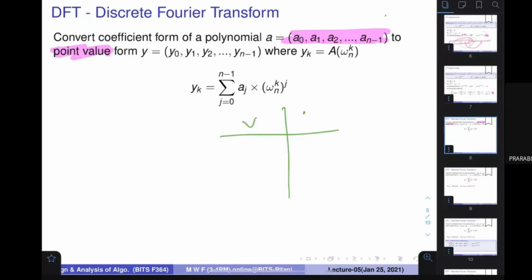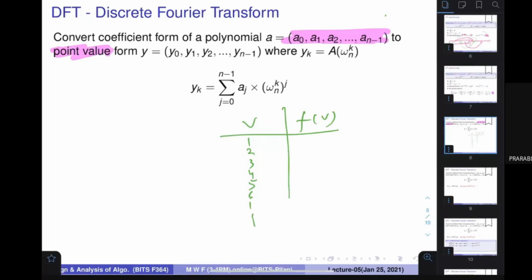Yes or no? For what values? 1, 2, 3, 4, 5, 6, 7, dot dot dot. These are the values.